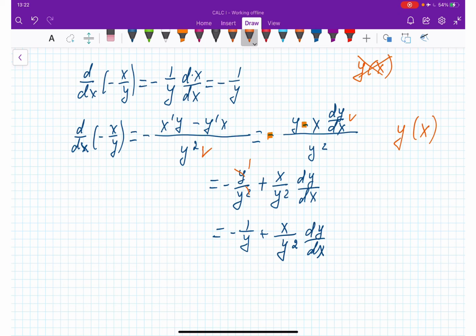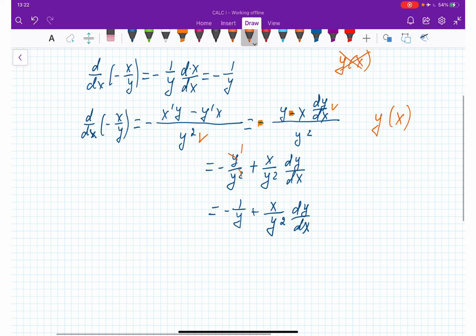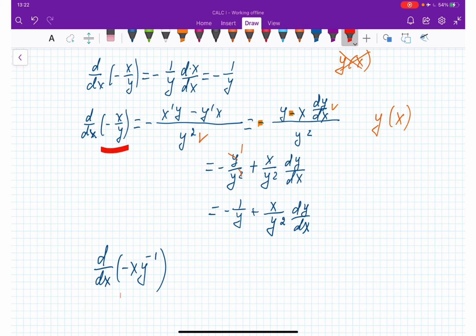Now, the other thing I wanted to show: d by dx of negative x over y, I'm going to represent as a product, x times y to the power negative 1. It's the same thing, right? I'm going to use the product rule and get the same result.